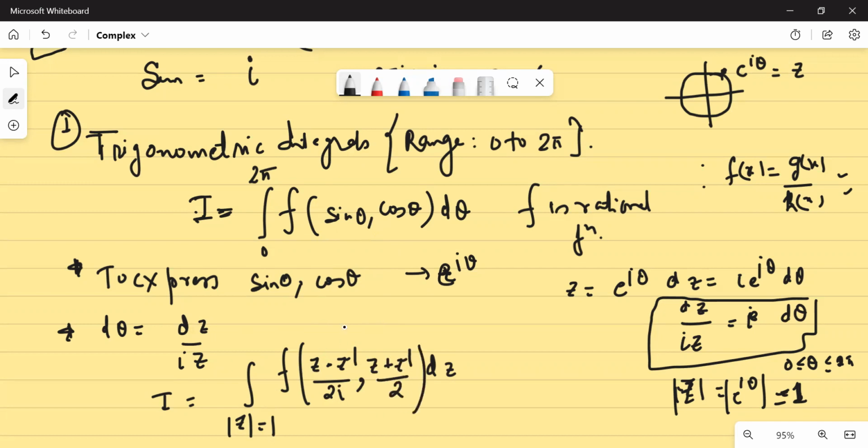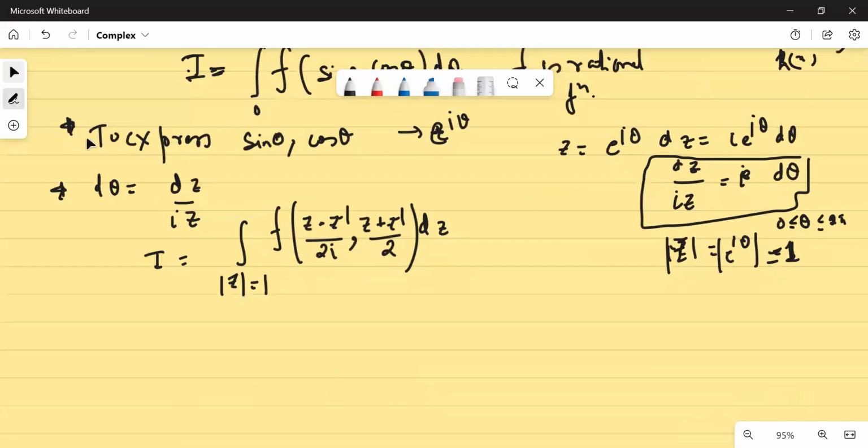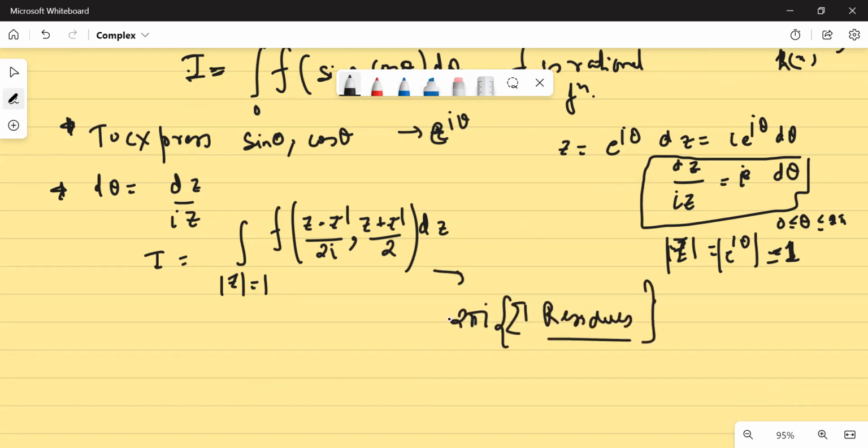So your function would be represented in the form of z minus z to the power minus 1 upon 2 iota, or z plus z to the power minus 1 upon 2, depending upon whether sine theta or cosine theta is being asked. And eventually you just find what sort of singularities are here, write the residues, and multiply 2 pi iota into the sum of residues. Is that clear? This kind of approach we are going to follow as we move ahead.